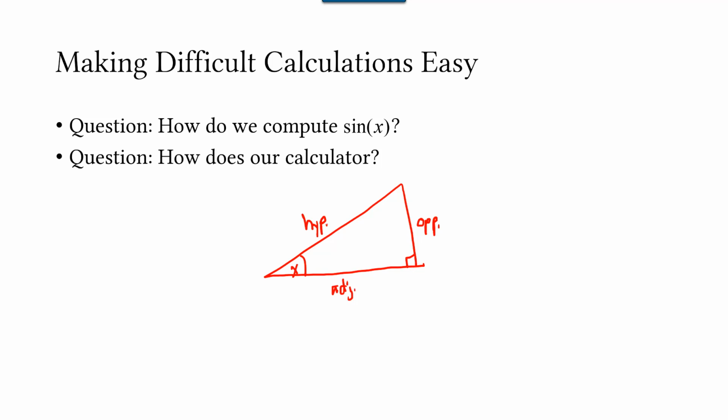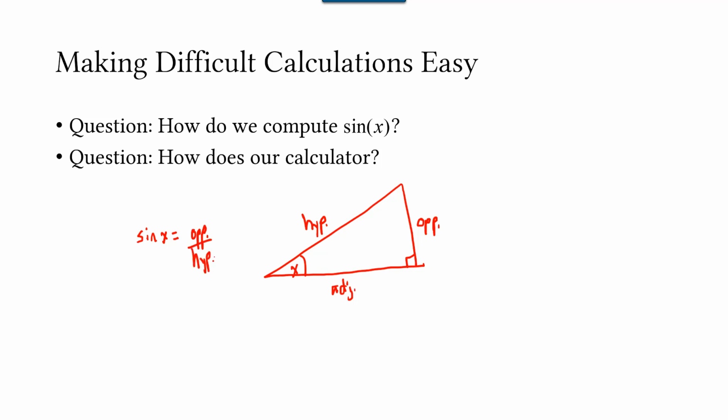You may remember from trigonometry the phrase SOHCAHTOA, which tells us how to compute the trig functions, and in particular that the sine is calculated as the opposite side divided by the hypotenuse.